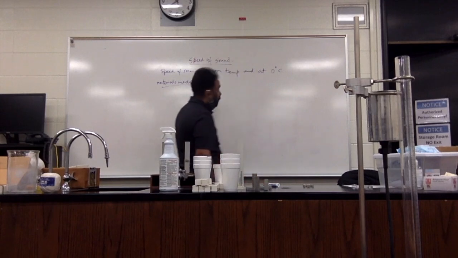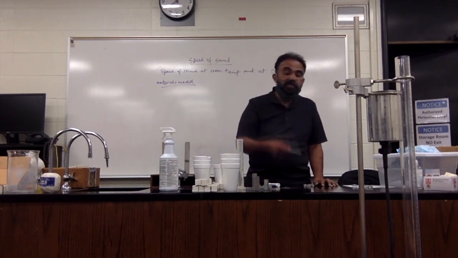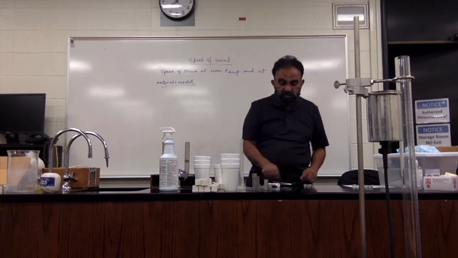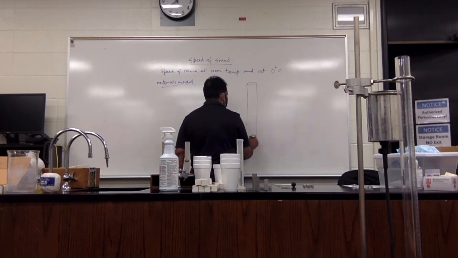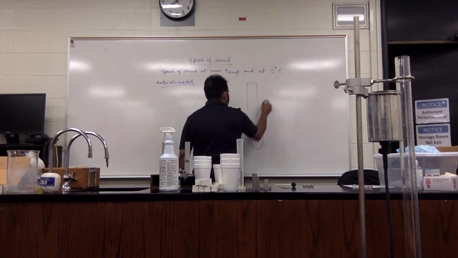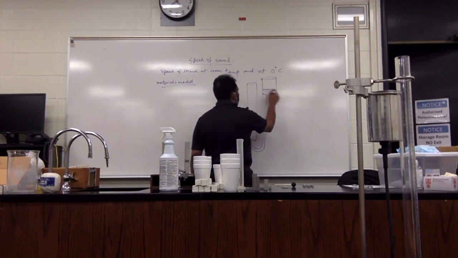We need the resonance column. We want water to be poured into that tube. So what is a resonance column? The resonance column is basically a tube that is connected to another rubber tubing, and the rubber tubing is connected to a reservoir where you can pour water.